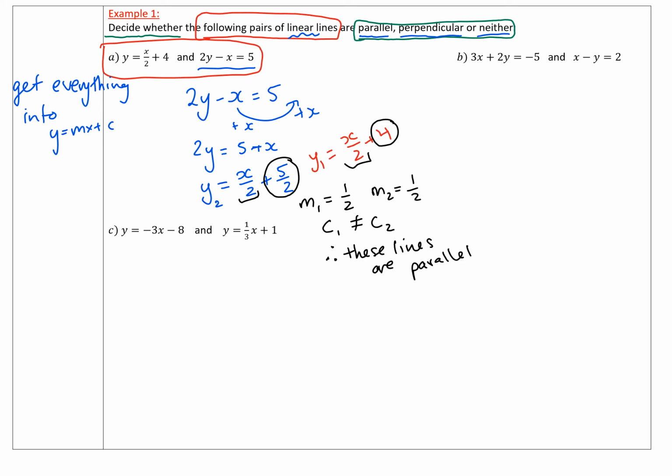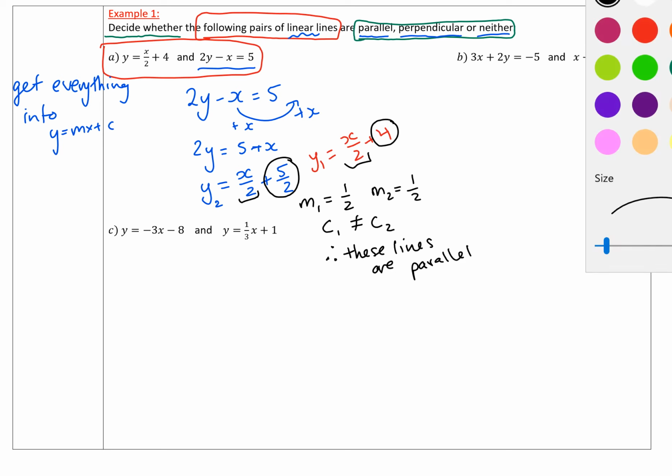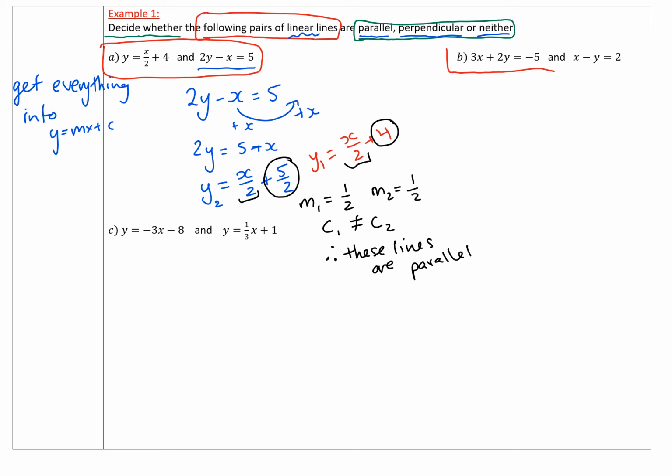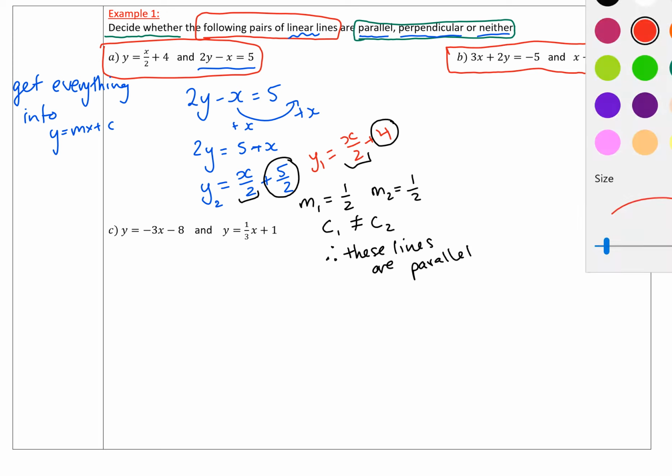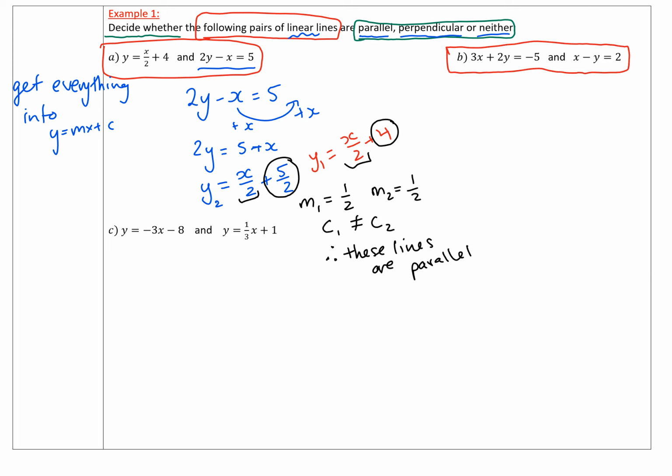Let's see if we can apply this same method to part B. We're now talking about the two graphs here. 3x plus 2y equals -5. In order to get y on its own, 2y equals minus 3x minus 5, which is a matter of subtracting 3x from both sides.